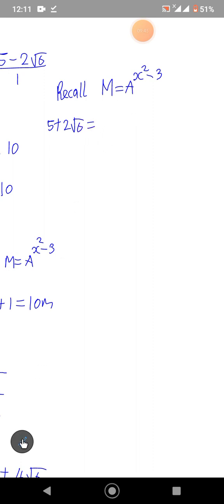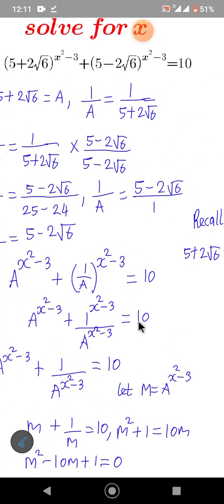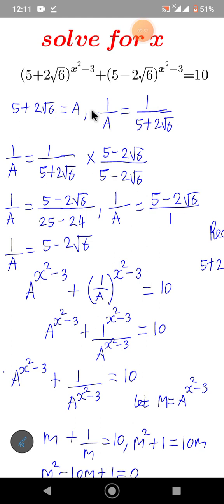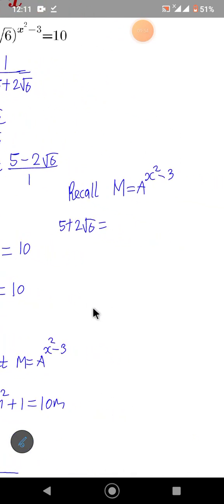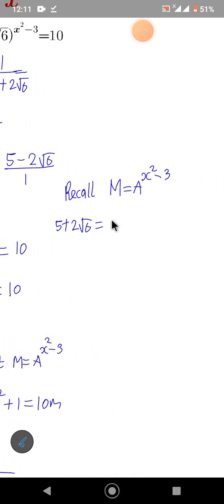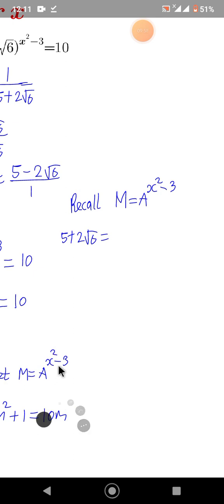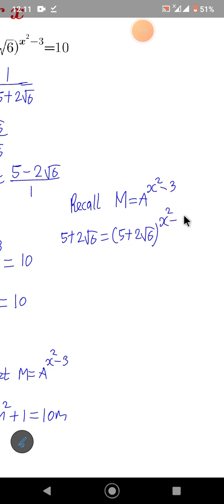And we know that a is 5 plus 2 root 6 also, so here will be 5 plus 2 root 6, close bracket, all raised to the power of x squared minus 3. This is when m is 5 plus 2 root 6.